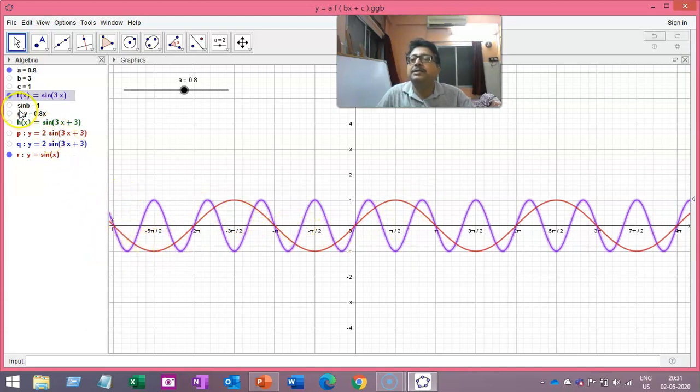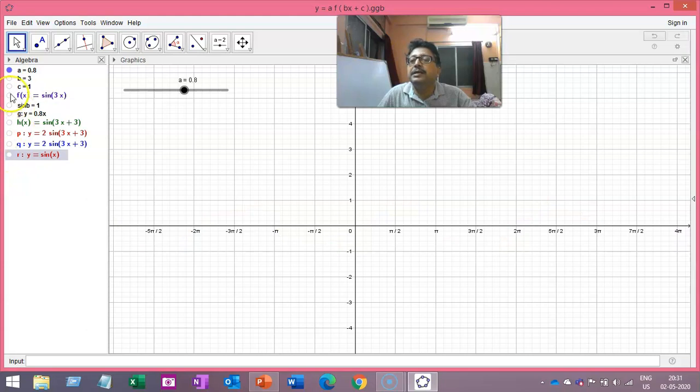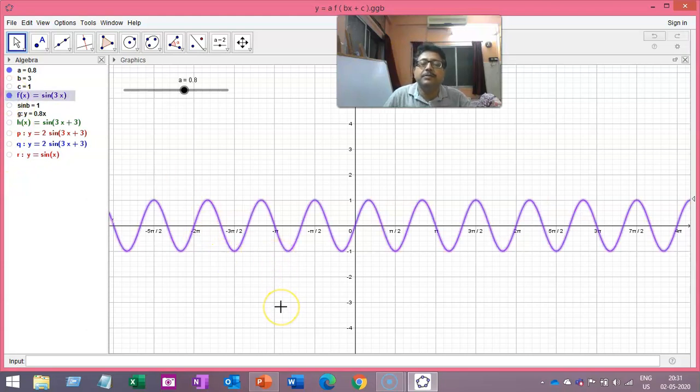That is given. Now I am making this one off, going for sine 3x. You observe what the period is here. The graph repeats from what interval to what interval. If you take this full cycle, then the length is going to be 2 pi by 3.